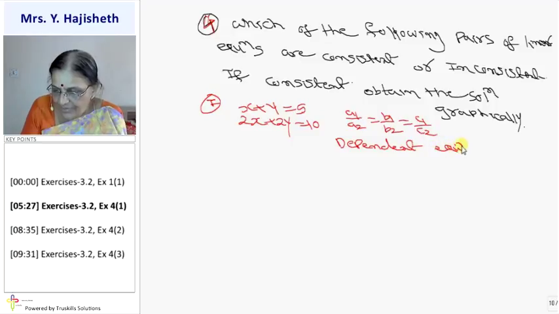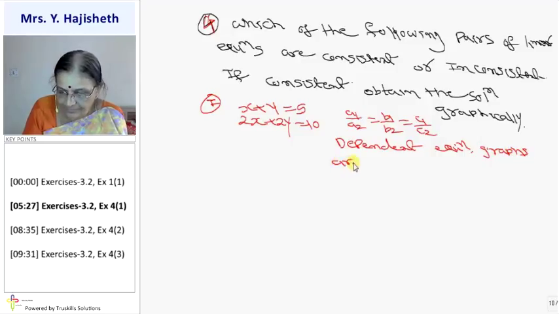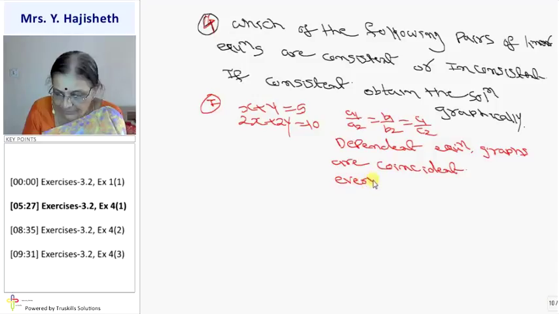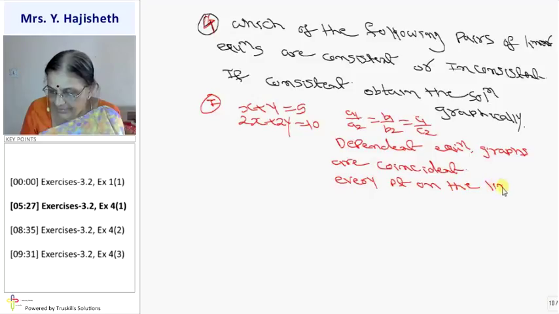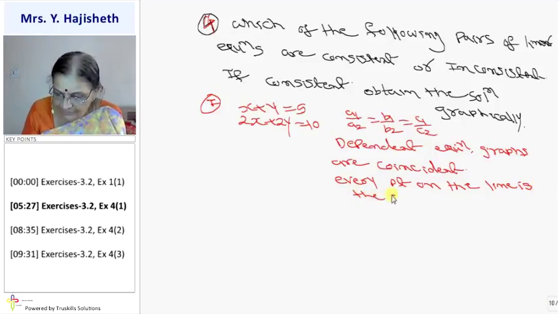And you know dependent equation graphs are coincident. So naturally, how many solutions? Every point on the line representing the linear equation is a solution.